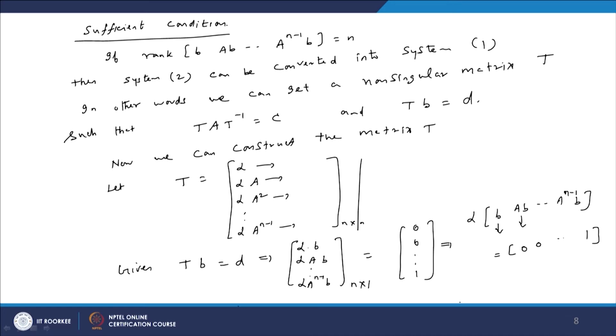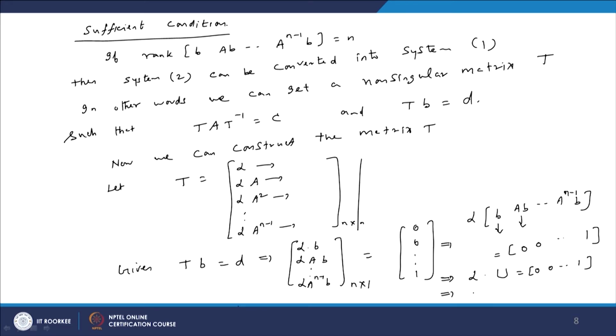So, we get the expression like this. If we denote the Kalman matrix B, AB, etc., by the matrix U, then alpha into U is nothing but 0, 0, 1.